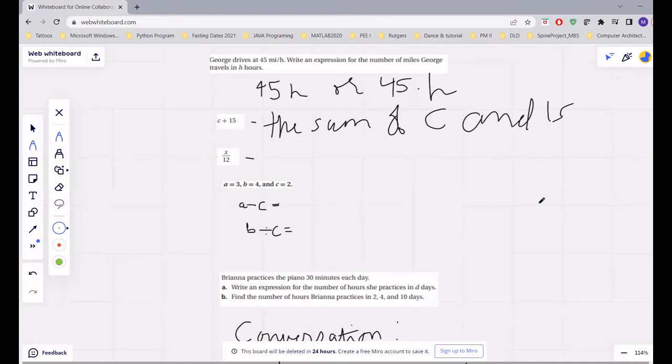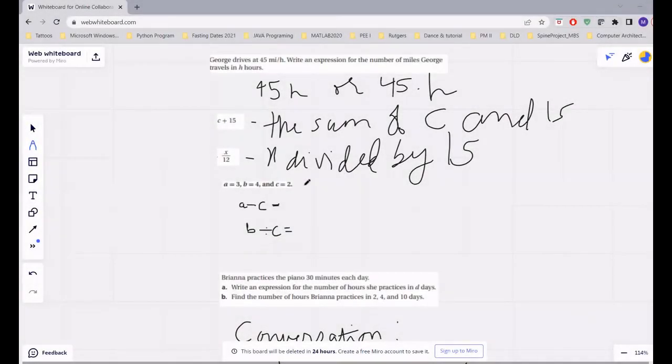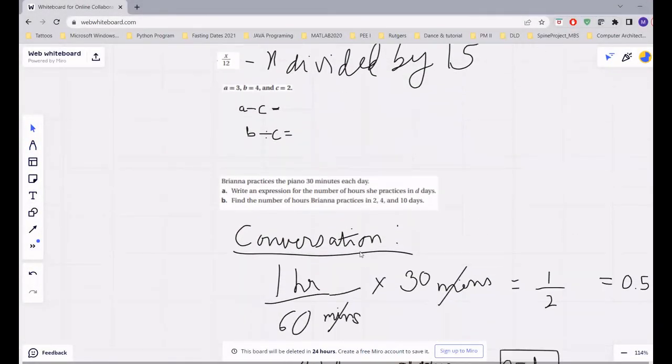Or we could say x divided by 12. Or we could say the quotient of x and 12. Okay, now let's move on.